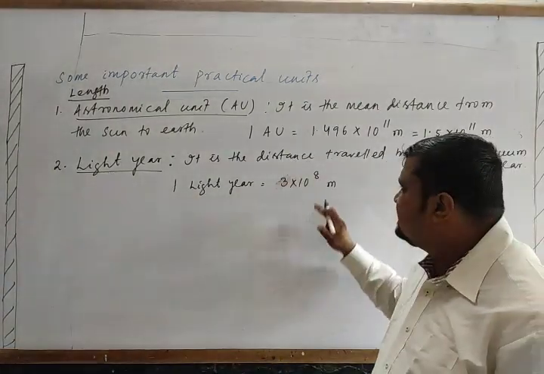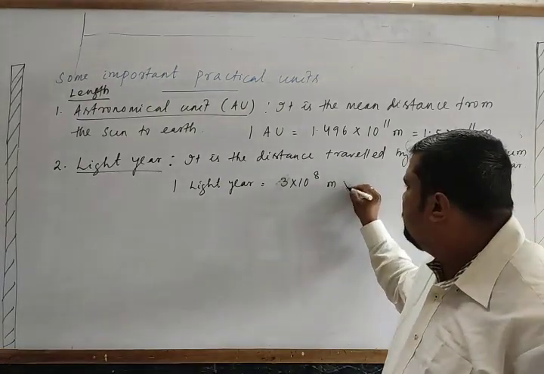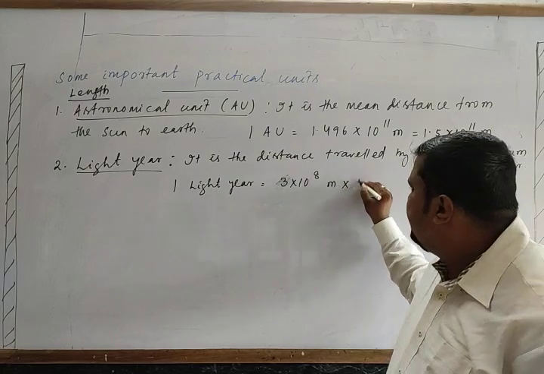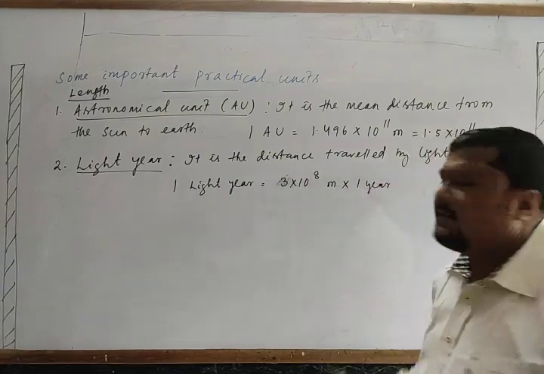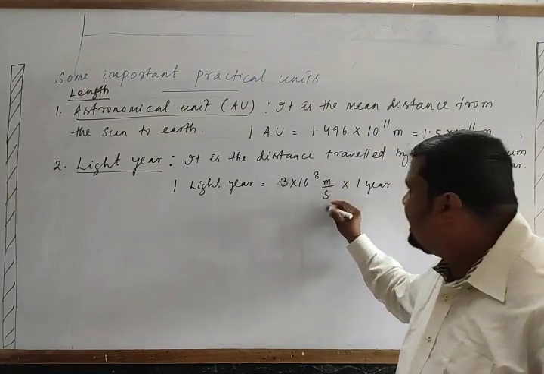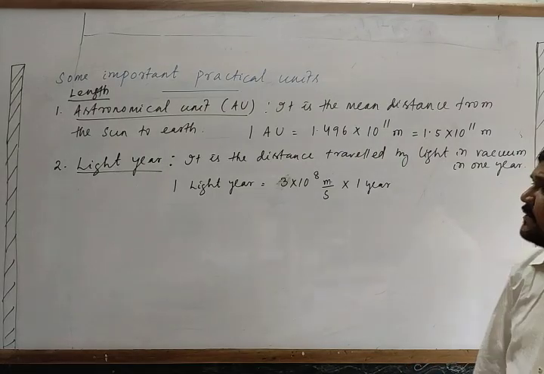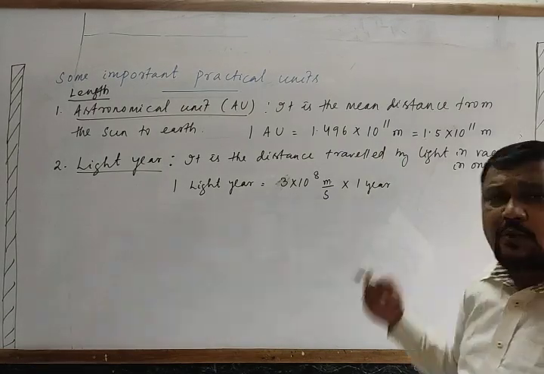So in 1 year, the distance is 3 into 10 to the power 8 meter per second into 1 year.